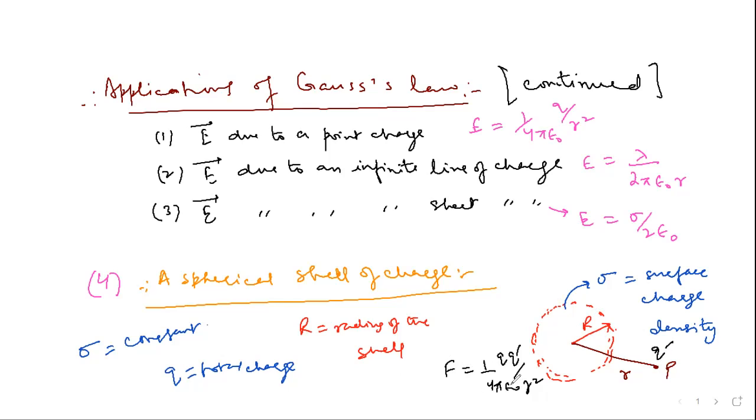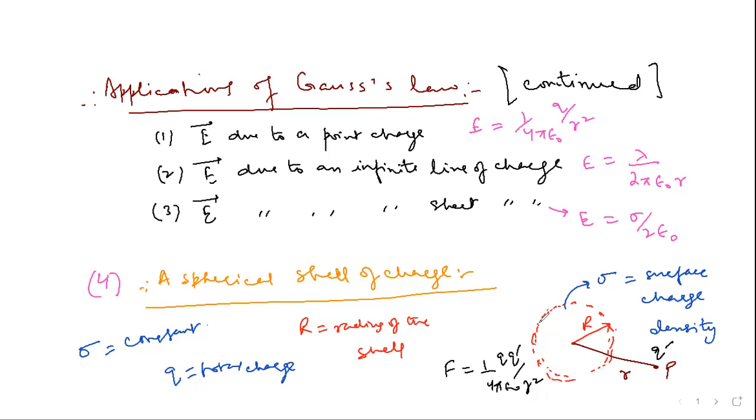That means it will be 1 by 4 pi epsilon naught charge of the shell, charge placed outside, and distance from the Q prime charge to the center of the shell. So we are treating it as if the shell is a point charge located at the center.